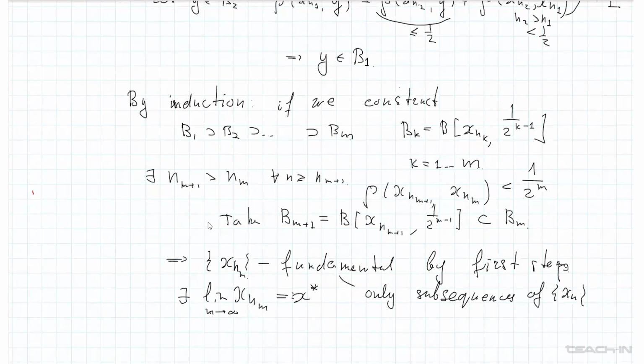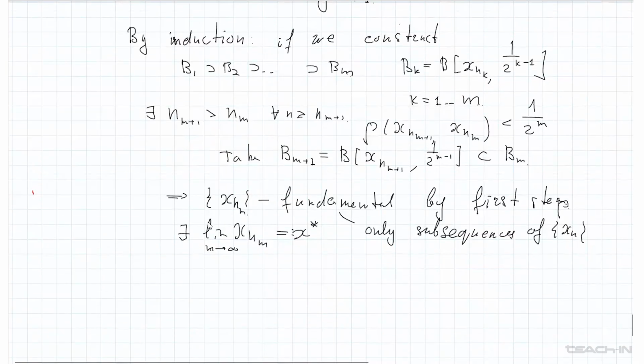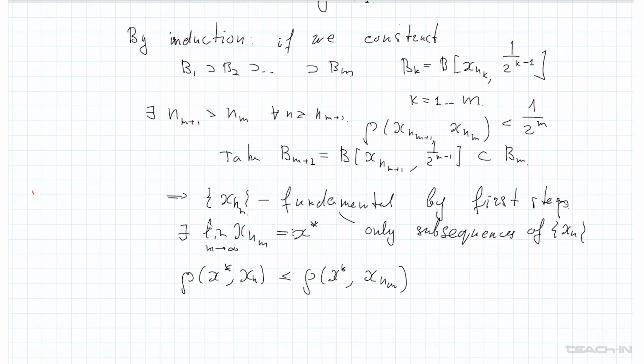But it is easy to check that the whole sequence tends to x star, because by triangle inequality we have such formula.